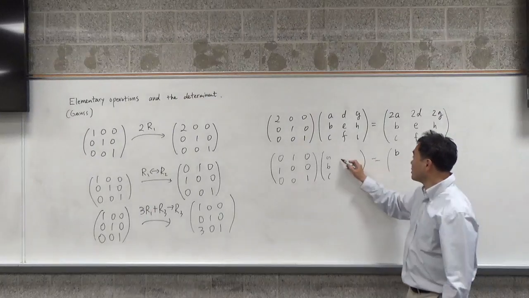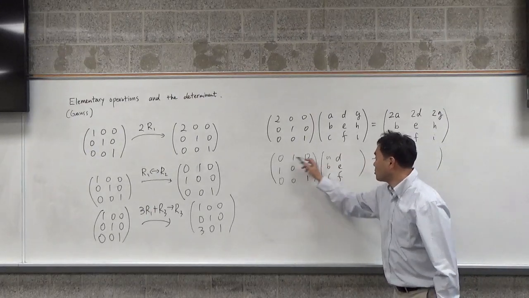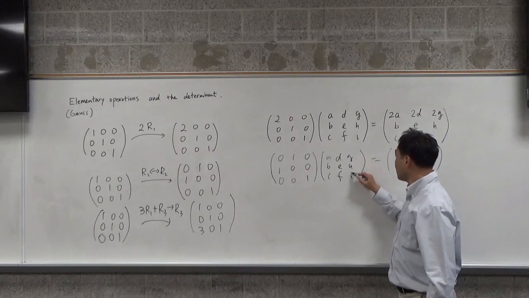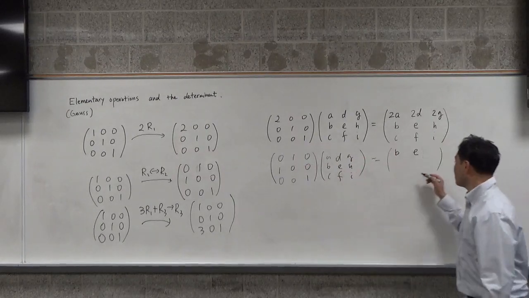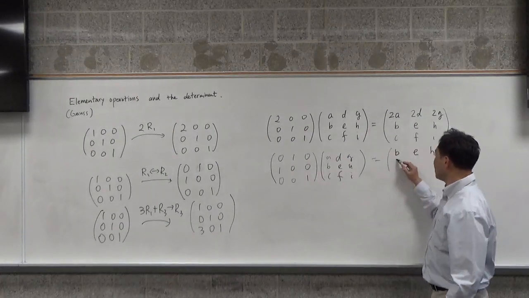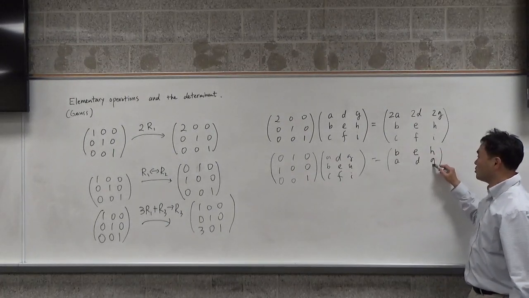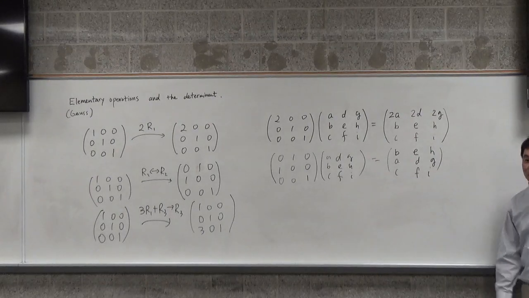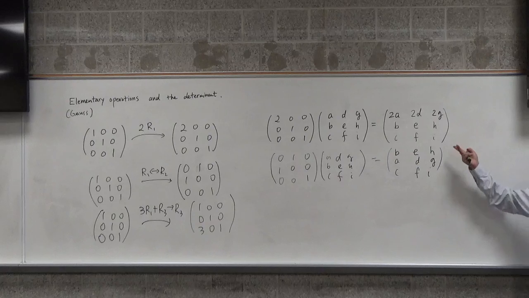Then D, F times 0, 1, 0, you get E. And GHI, this times this gives you H. And this gives you A, D, G, C, F, I. So what happened? The first two rows got swapped.